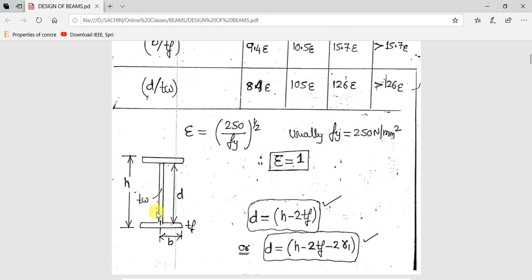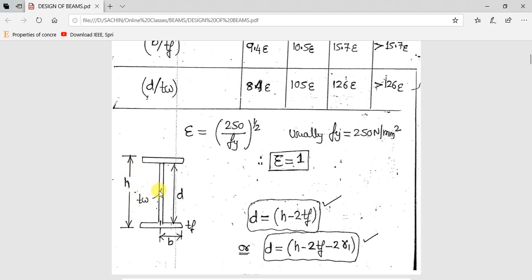Here you can see an I section which is not having any toe radii or root radii. This is the total height of the section, which is described as h. If the height h is 350, then h will be equal to 350.